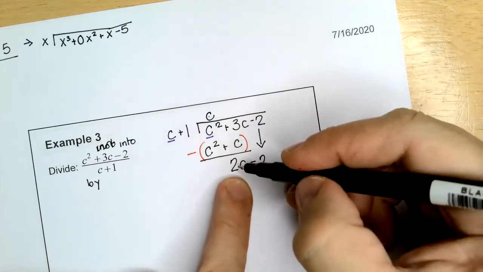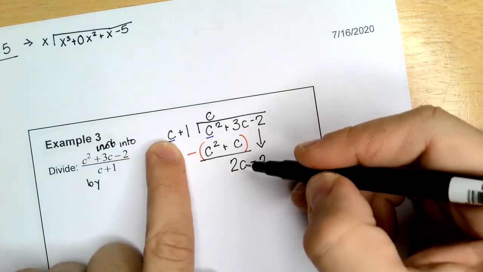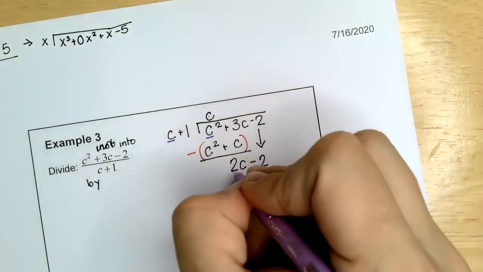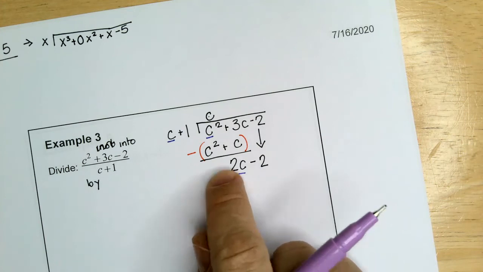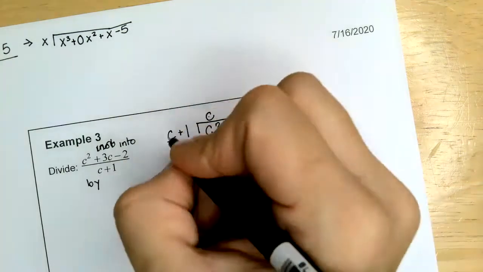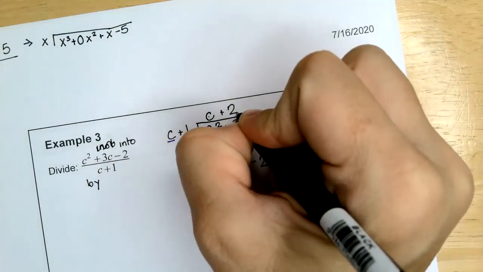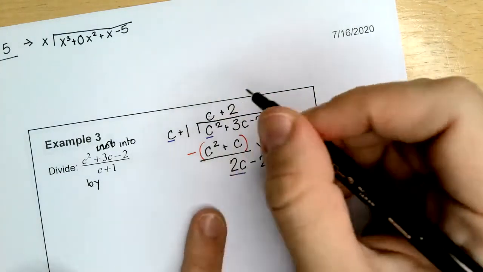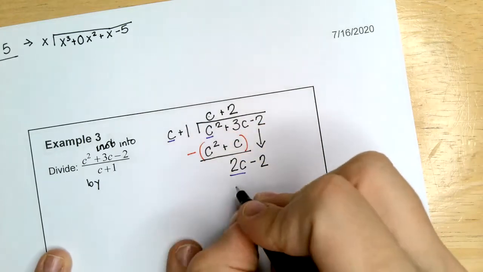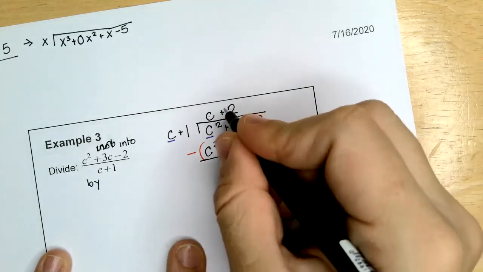Now, 2c minus 2, c plus 1. Just looking at my first term, how can I get close to 2c from c? C times positive 2. I'm going to take that positive 2 and multiply it by everything over here. 2 times c is 2c. 2 times 1 is 2.